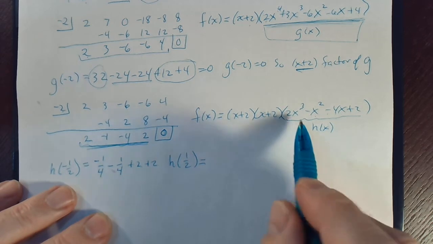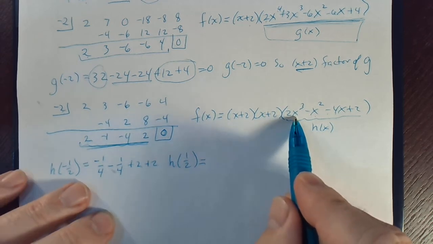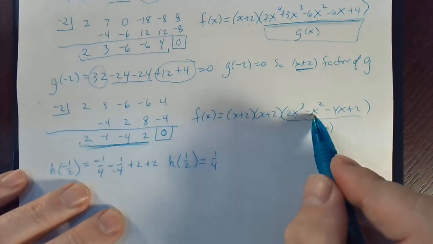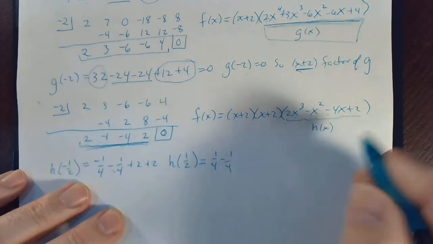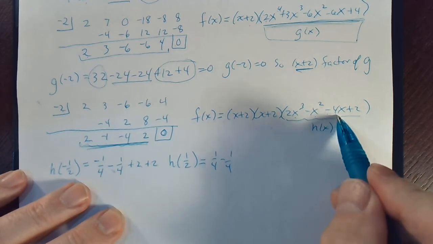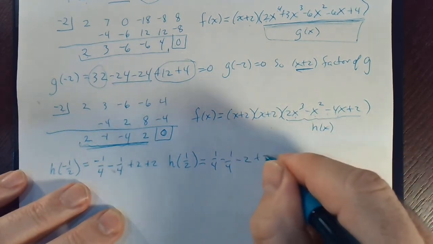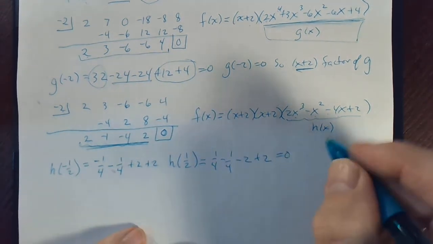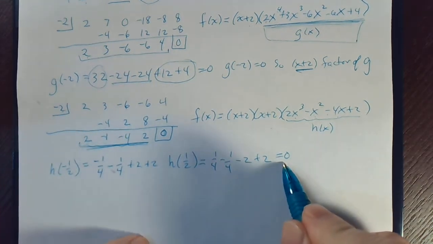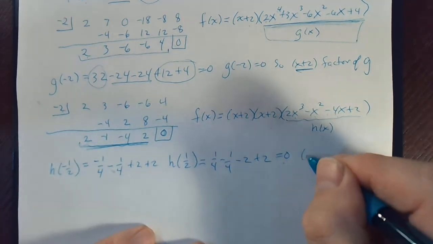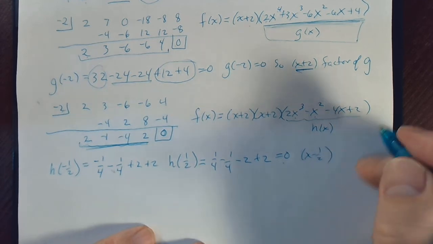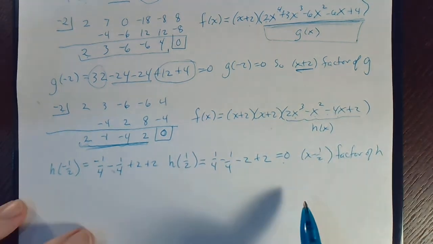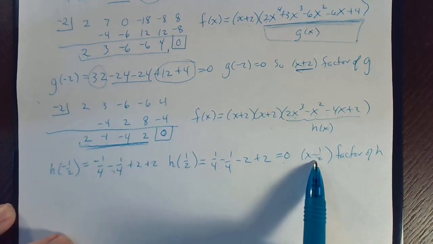H of 1/2 is going to be a positive 1/4 minus 1/4. Positive 1/2 is minus 2 plus 2. That's 0 and 0. There we go. So h of 1/2 is equal to 0. So x minus 1/2 is a factor of h. All right, so that means 1/2 goes in the cup.